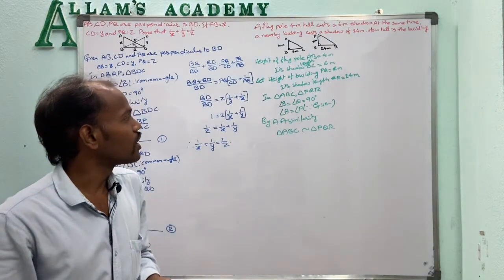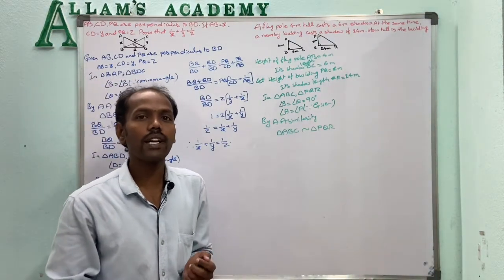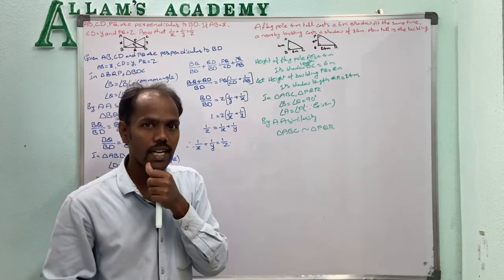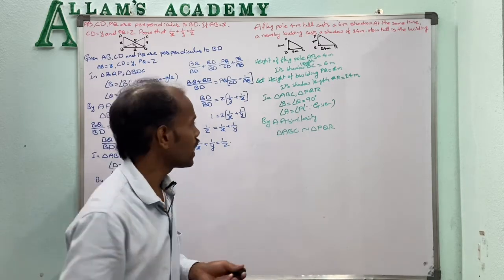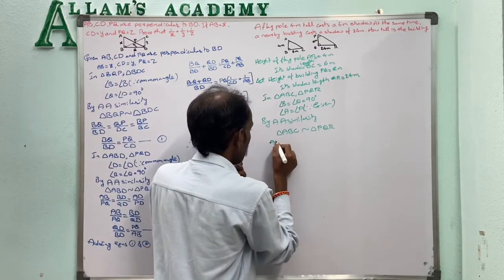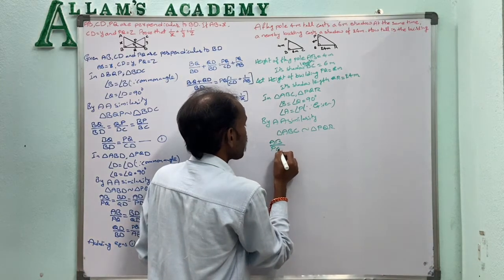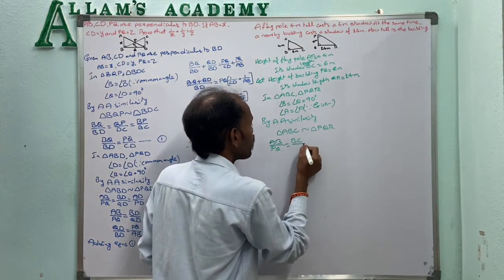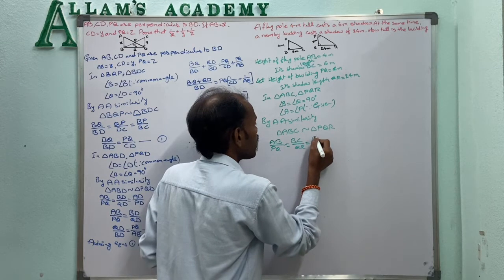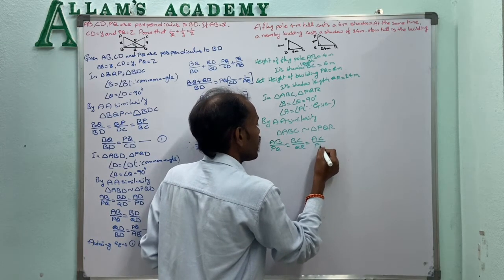So now these two triangles are similar, so their corresponding sides ratio is equal. So AB by PQ equal to BC by QR equal to AC by PR.